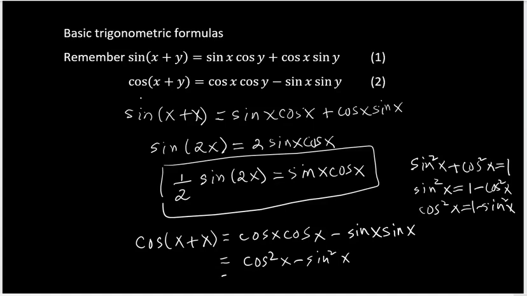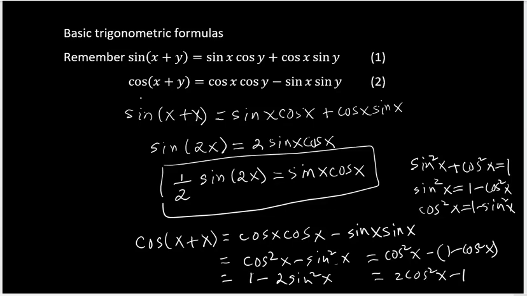So then if you replace cosine squared by 1 minus sine squared, you get 1 minus this sine squared, and this sine squared will make it 2 sine squared x. Also, if you preserve your cosine squared x and replace sine squared by 1 minus cosine squared x, that gives you 2 cosine squared x minus 1.